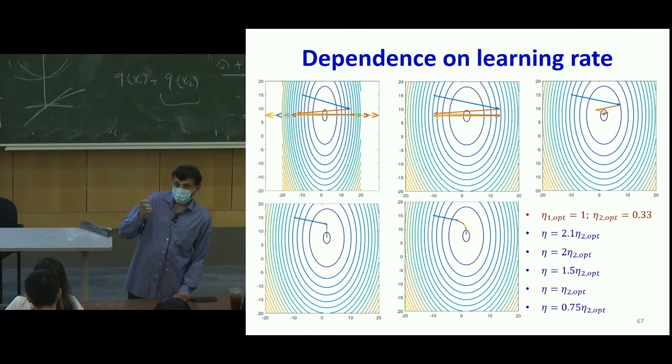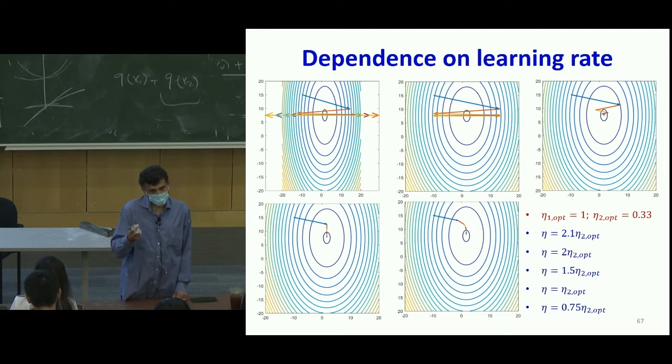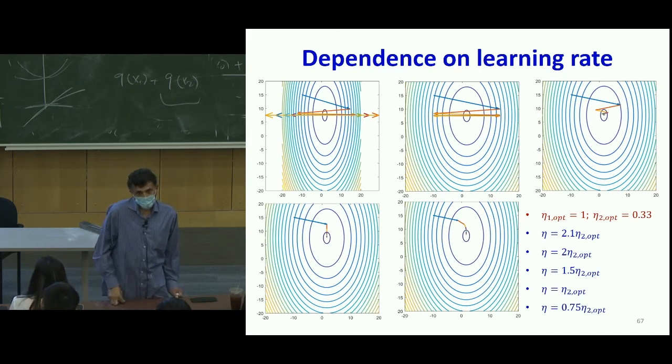So the step size must be smaller or equal to twice the optimal step size for the fastest direction, correct? Otherwise, when you're trying to get to the correct answer in the other directions, this one is going to explode, right?